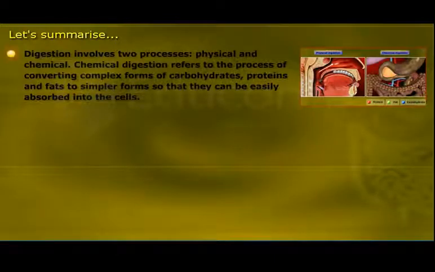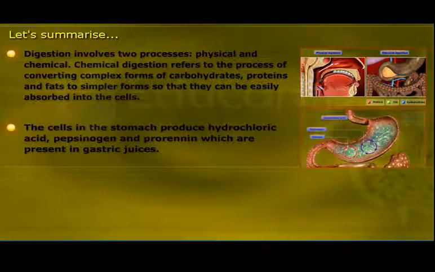Let's summarize. Digestion involves two processes, physical and chemical. Chemical digestion refers to the process of converting complex forms of carbohydrates, proteins, and fats to simpler forms so that they can be easily absorbed into the cells. The cells in the stomach produce hydrochloric acid, pepsinogen, and prorenin, which are present in gastric juices.